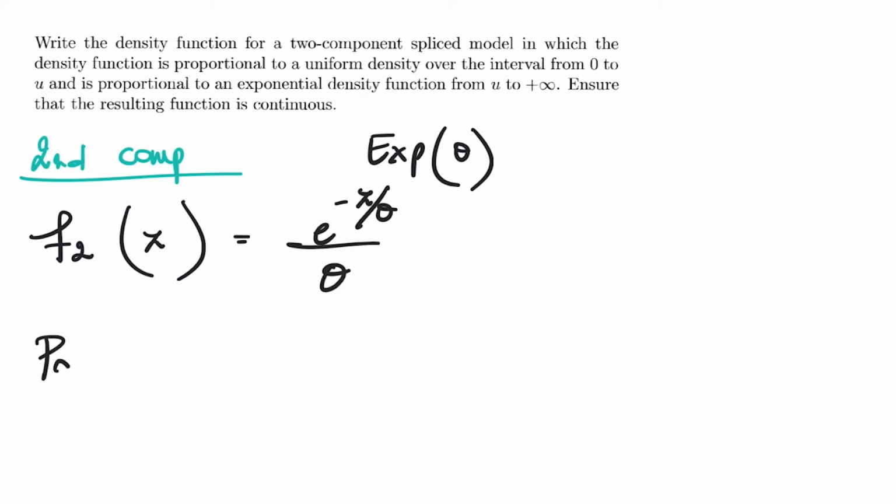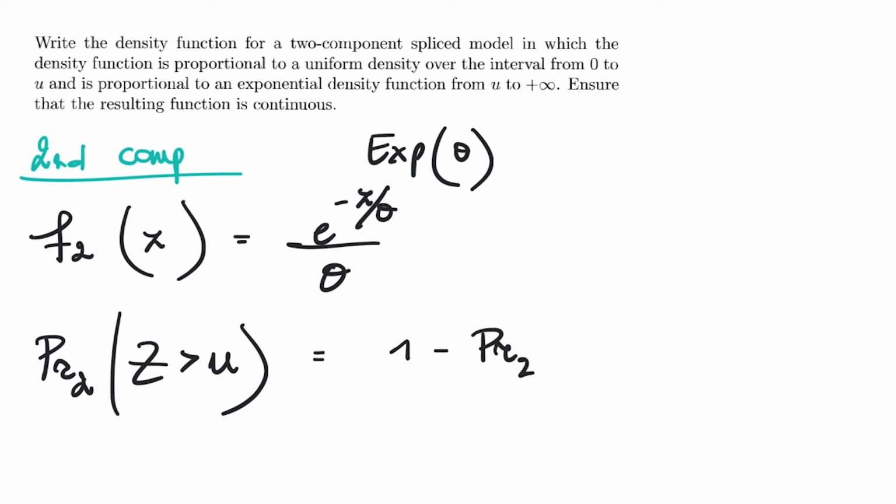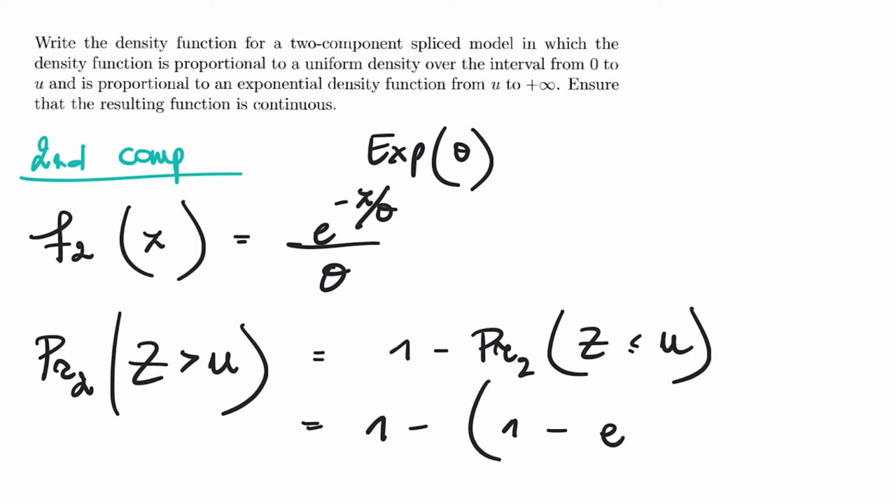And then the probability under the second component that z is strictly larger than u, so takes values within the interval between u and plus infinity, is equal to 1 minus the probability under the second component that z takes values smaller than u, which is equal to 1 minus the exponent of minus u divided by theta.